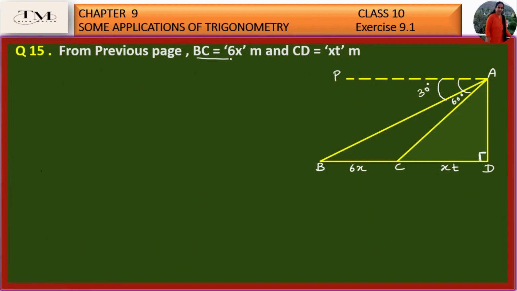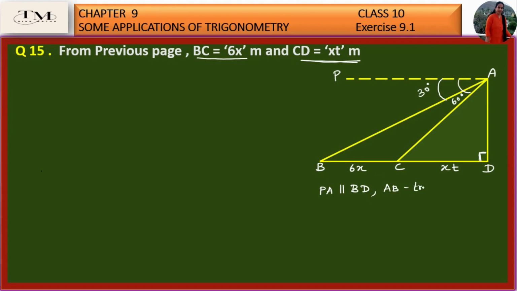From the previous page, we got these two equations: the distance BC and distance CD. Now here we have BD. BD is the horizontal line and PA is also a horizontal line, so PA is parallel to BD. If it is so, AB will be the transversal.